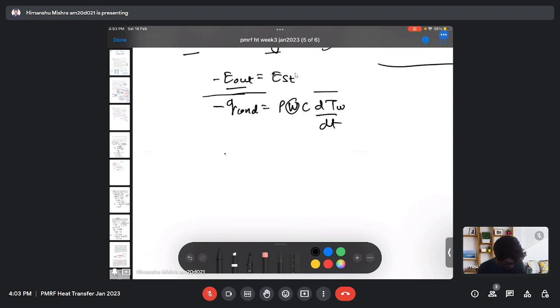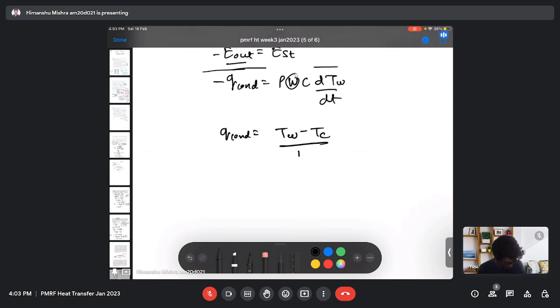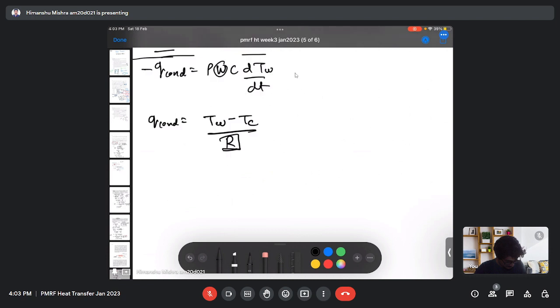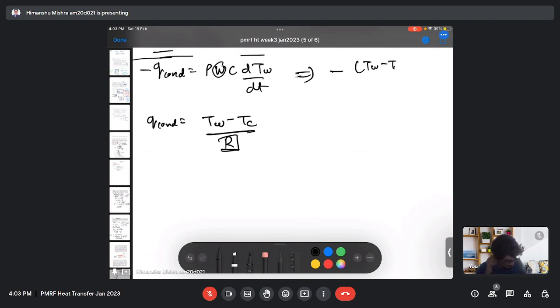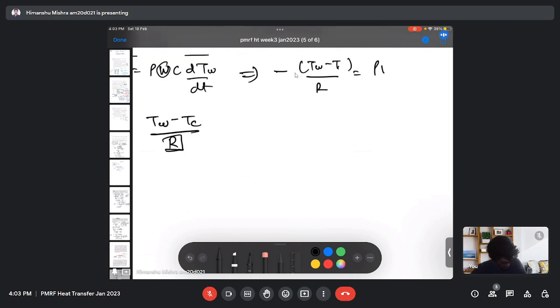So here I can write heat conduction as the difference between the temperatures divided by the resistance, and we need to find this resistance R. This resistance is due to the conduction process. Now we can just integrate this equation 1.